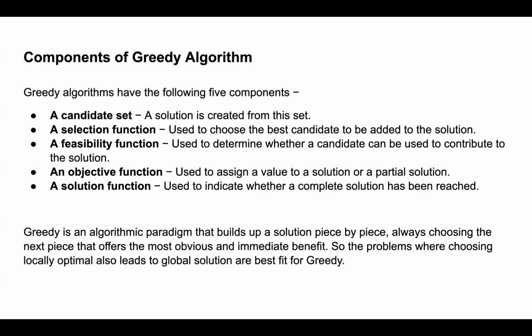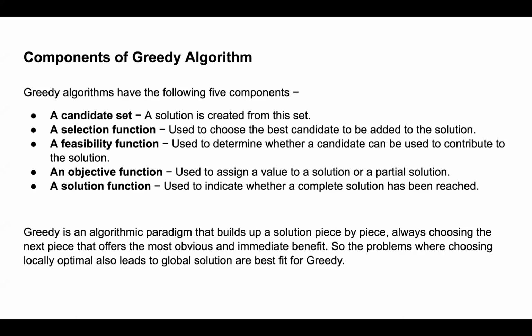I will apply some function on that. Some selection function will be there, it will have some criteria, and from that criteria I will say that it is the best solution for this part of the problem.